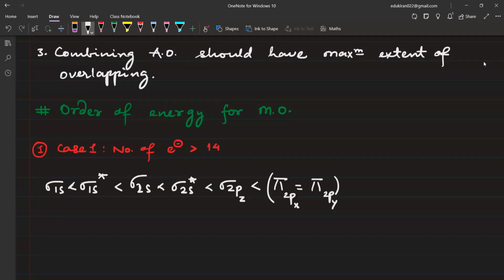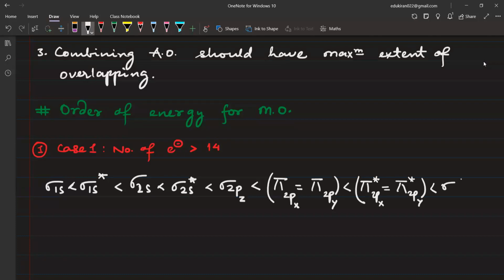After this comes the pi star. Pi star 2px will be equal to pi star 2py. Star means anti-bonding.